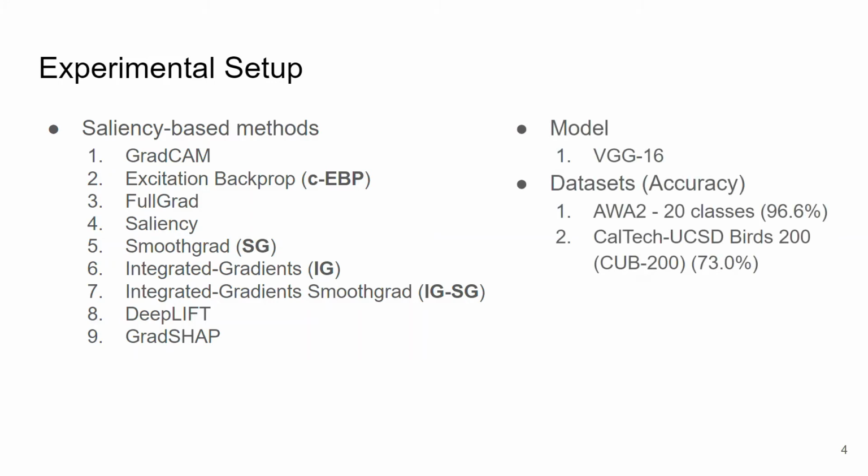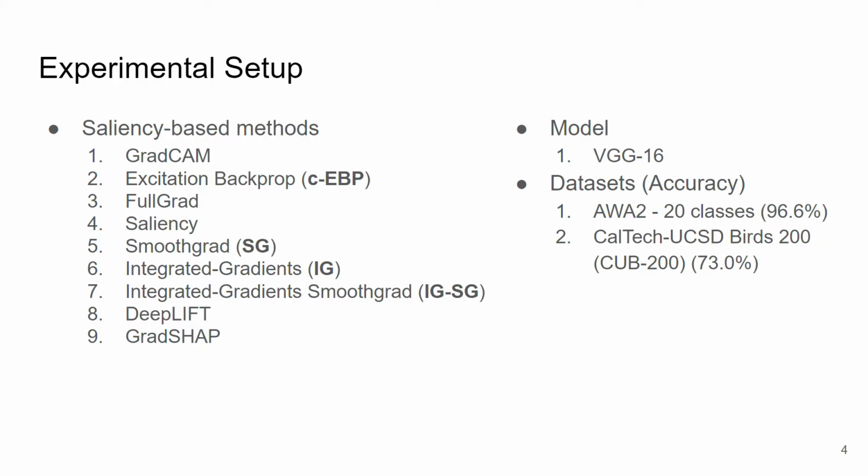We have used the VGG16 model on the Animals with Attributes dataset, that is AWA2, with a subset of 20 classes or animals, which we trained to an accuracy of 96.6%. We have also used the Caltech-UCSD Birds 200 dataset, which is a dataset of 200 species of birds, which was trained to an accuracy of 73%.